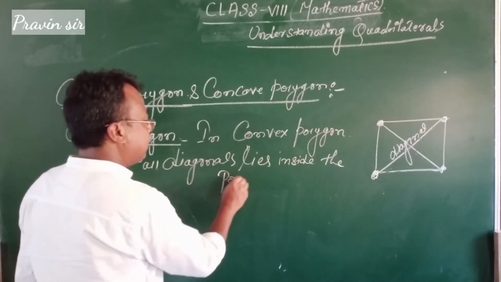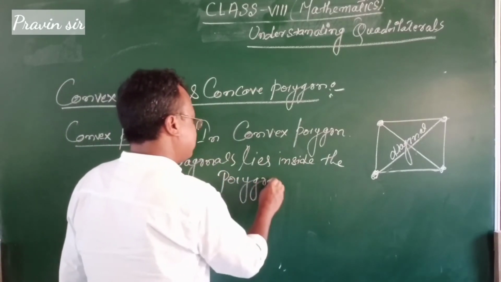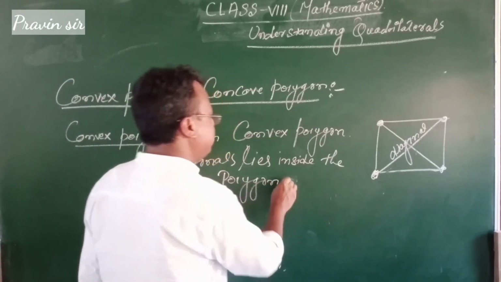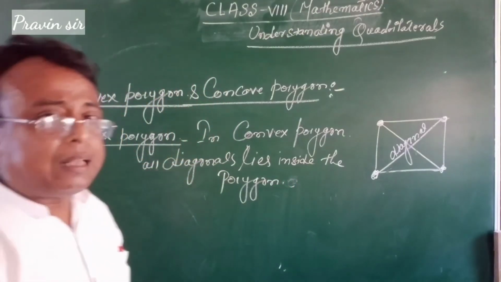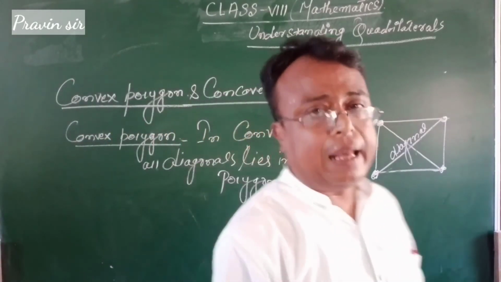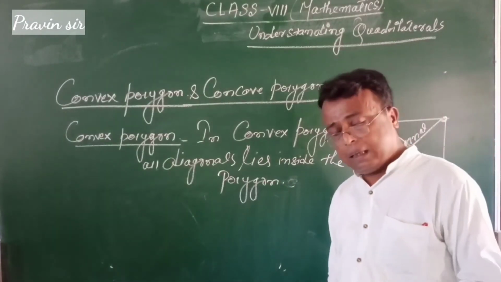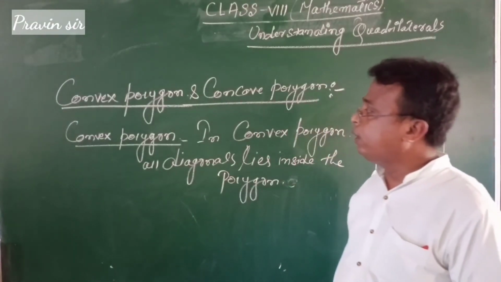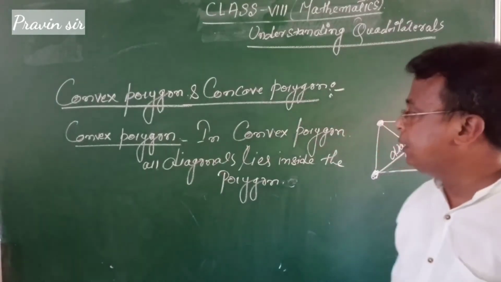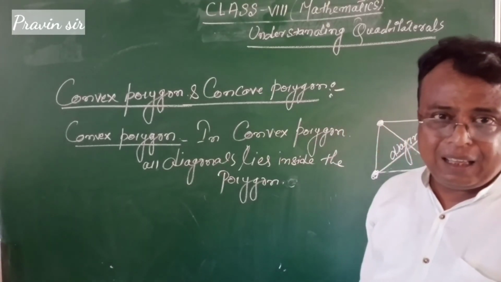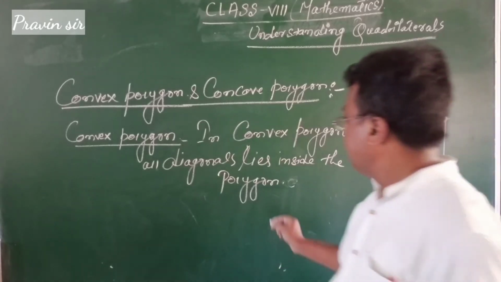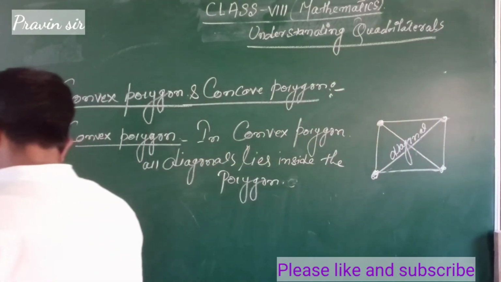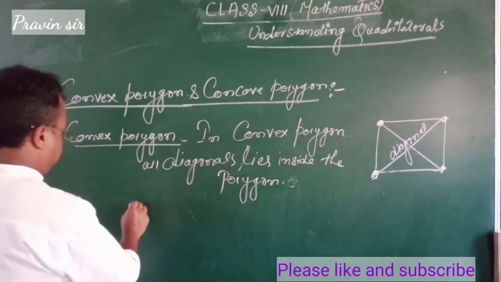If all the diagonals do not lie inside the polygon, then it is called a concave polygon. Convex polygon means all the diagonals lie inside the polygon. Now let us try to see some examples.